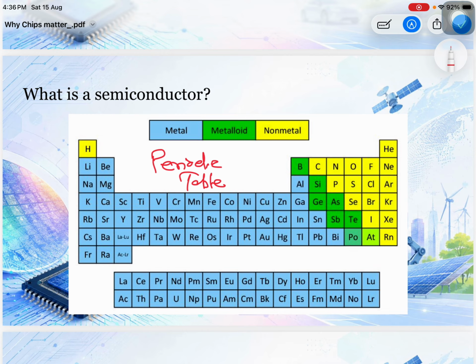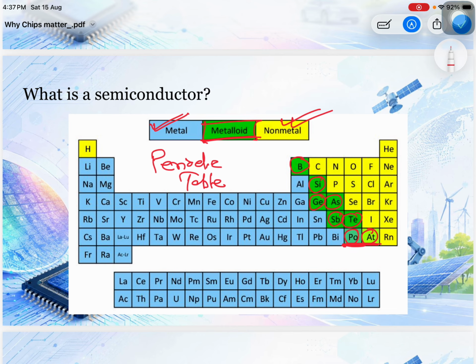So, as you can see here, with blue color metals are represented, and with yellow color non-metals are represented, and with another shade of green in the middle, only 8 elements are represented. The last elements, polonium and astatine, symbol At, are actually radioactive in nature, so they do not have a very direct application in our life.